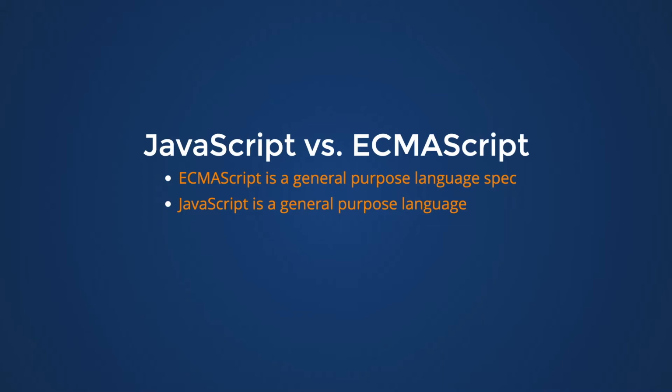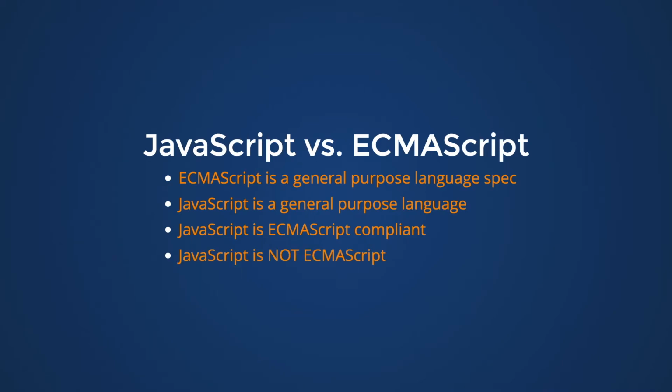So JavaScript is a language, of course, we all know that, and ECMAScript is a specification for a language. And JavaScript is in fact ECMAScript compliant. JavaScript does have some other features that are not included in ECMAScript. That's out of the scope of this video, but it is important to note that.